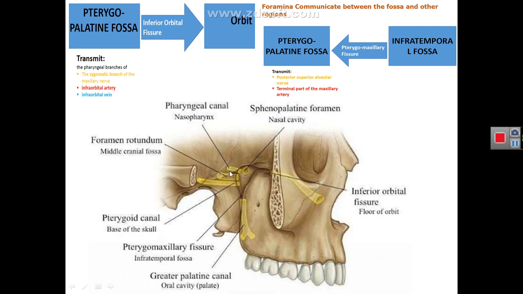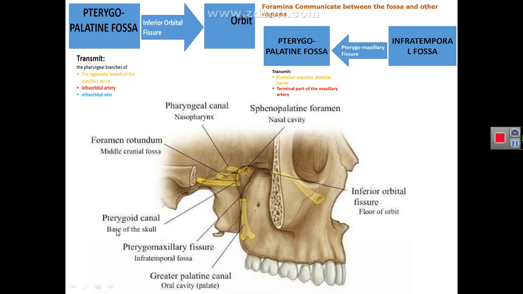Also, it is connected with the pharynx via the pharyngeal canal, specifically the nasal part of the pharynx. Also, it is connected with the middle cranial fossa via the foramen rotundum. We know that the maxillary nerve passes through foramen rotundum from the middle cranial fossa to pterygopalatine fossa.